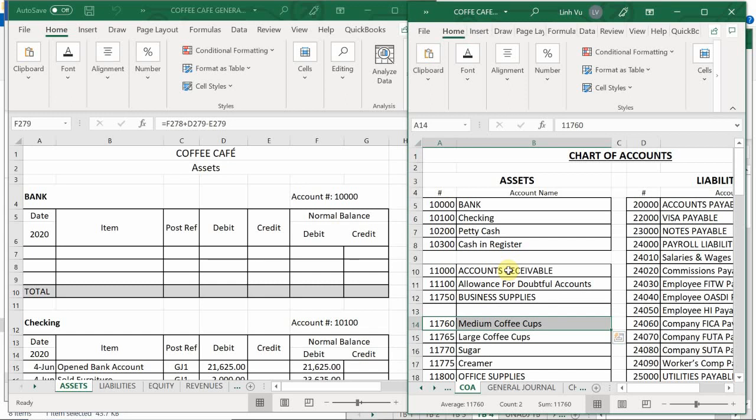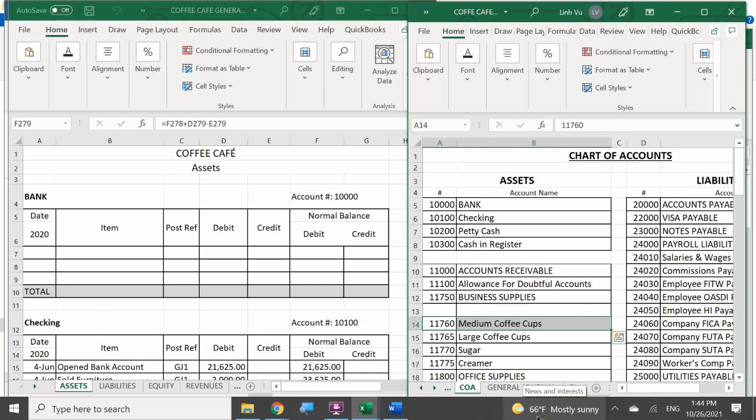So what I want you to do is create an unadjusted trial balance using the main accounts. Now, how do I do that? My previous trial balance is all in main and sub accounts. Well, that's very easy. I'm not going to make it that much harder for you.